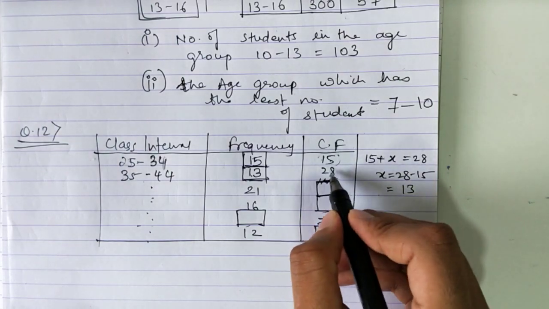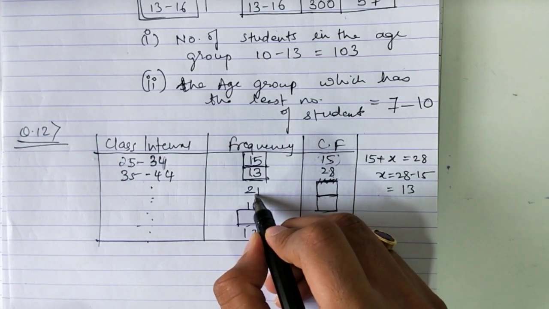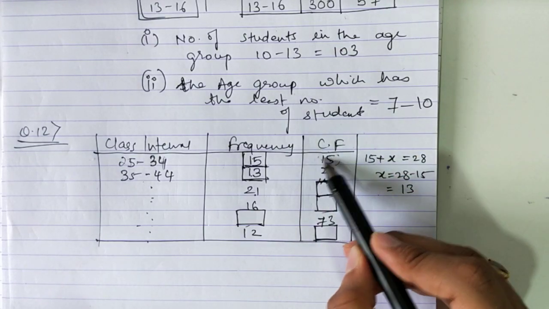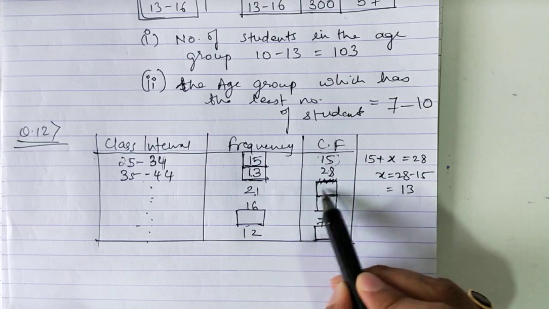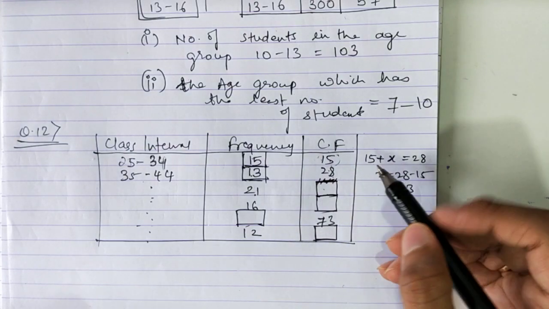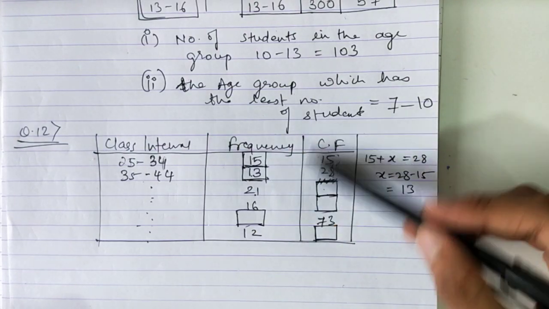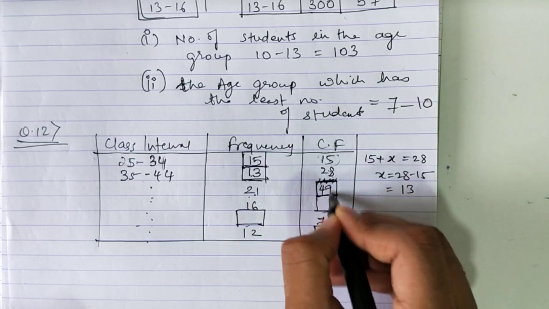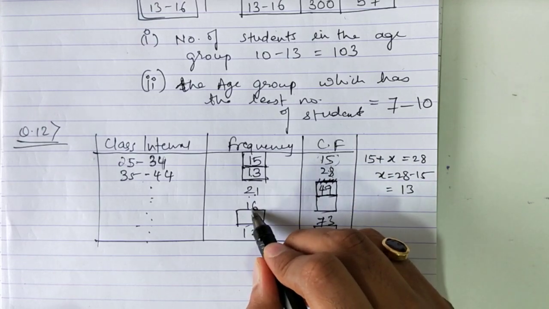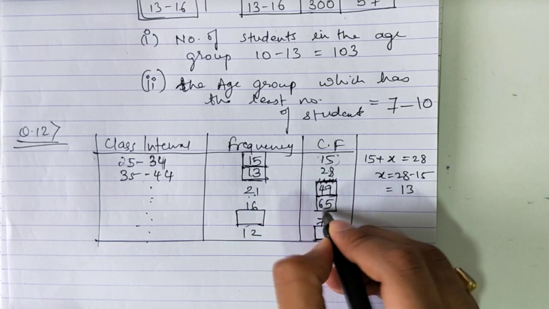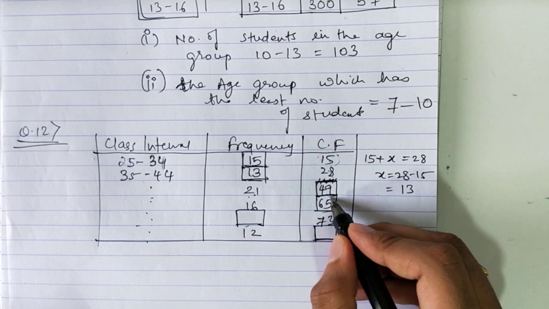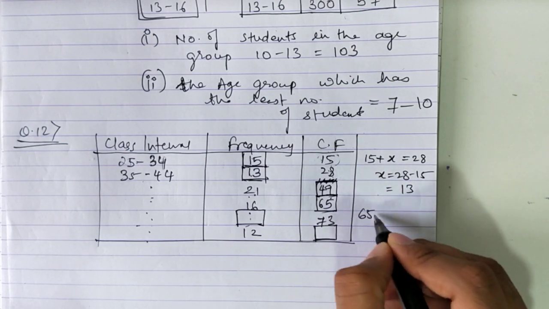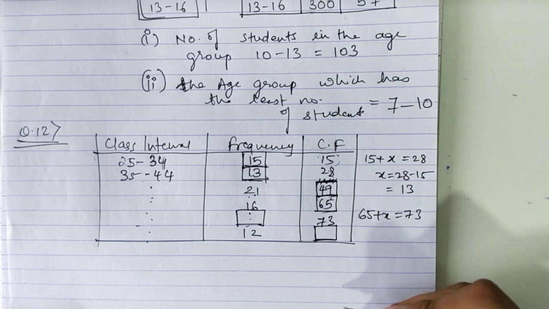Then next, 28 plus 21 will give you this value. We are finding CF. This is the CF. So you add like this and write the answer here. From frequency we are finding the cumulative frequency. So 28 plus 21 will give me 49. 49 plus 16 will give me 65. 65 plus this value will give me 73, means 65 plus x will give me 73.